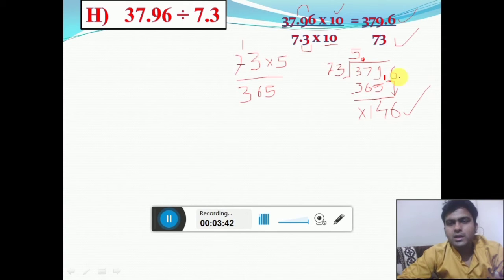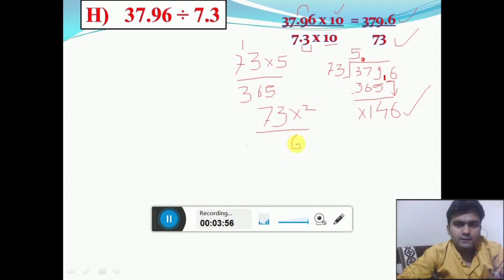Now read the table of 73, and we have seen that 73 into 2 equals what? 3 2 is 6, 2 7 is 14.